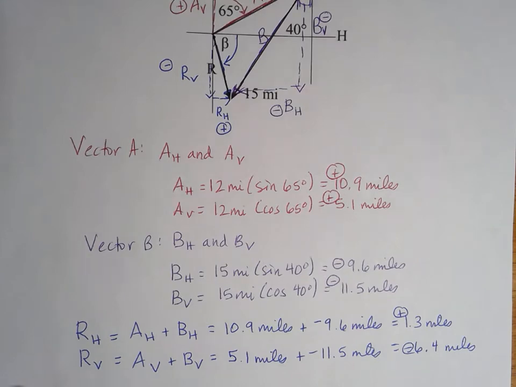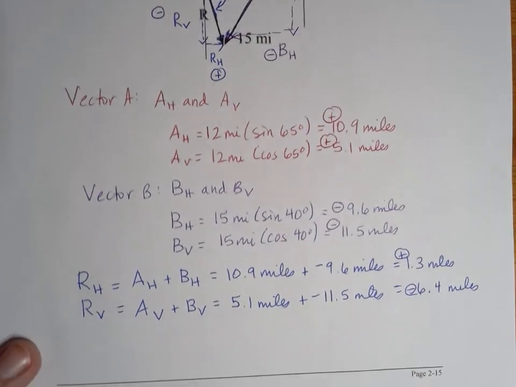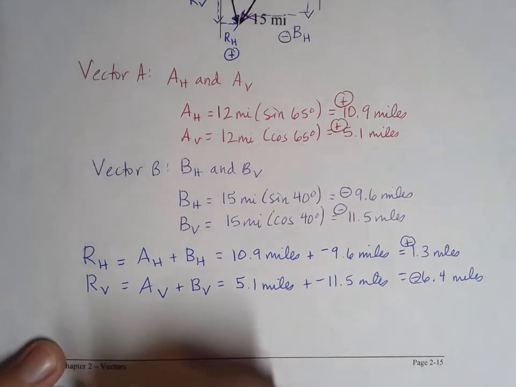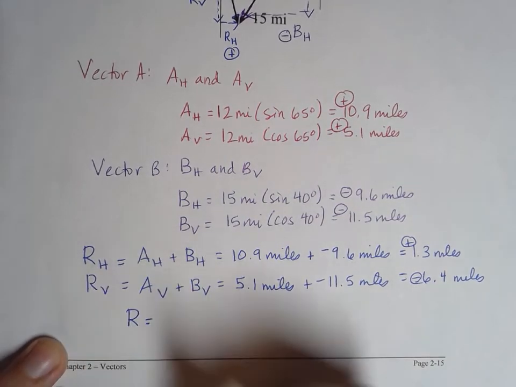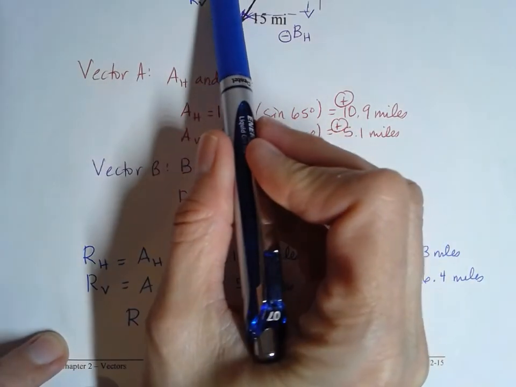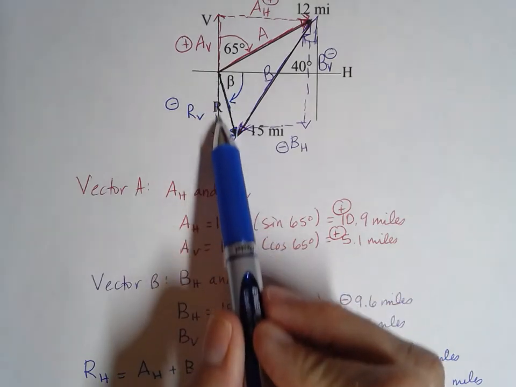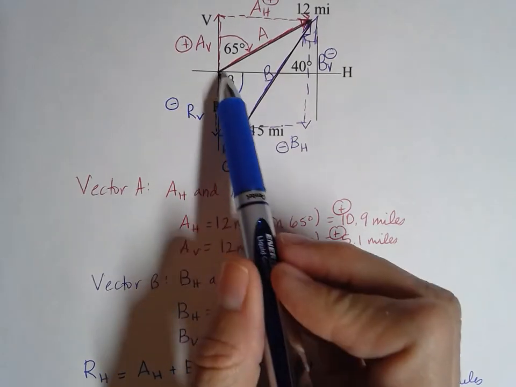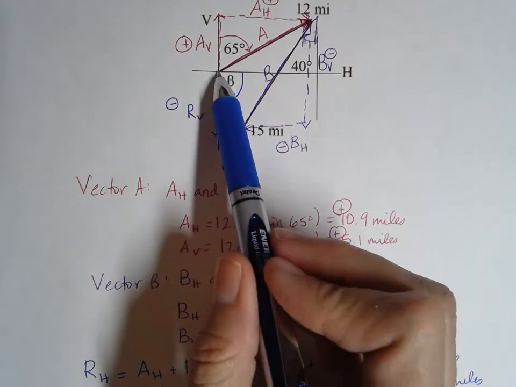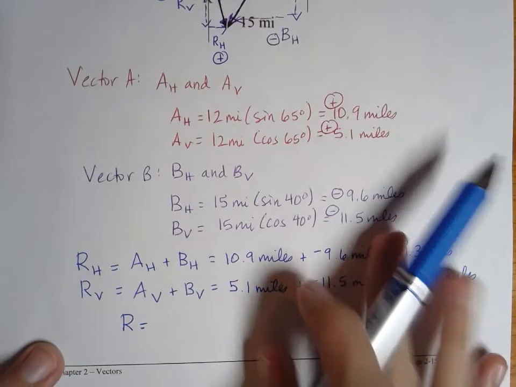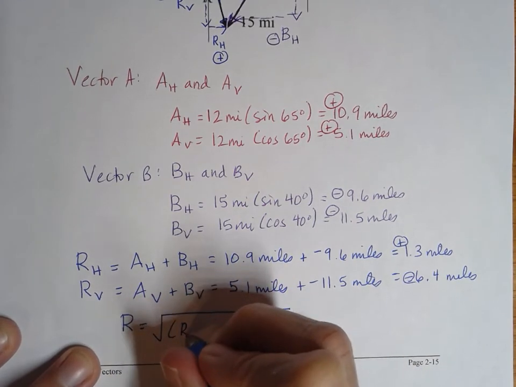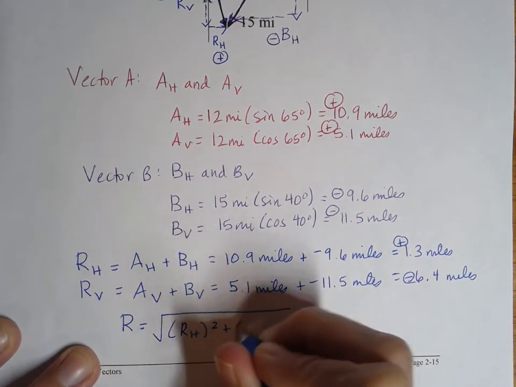All right, so I have all the information that I need now to find my resultant and that resultant angle. So I'll just go to my formulas, or maybe you remember this. I'm going to use the Pythagorean Theorem because basically I know these two sides of the right triangle and I want to find this side. So I can use my a squared plus b squared equals c squared. Or in this case, we'll call it R_H squared plus R_V squared.